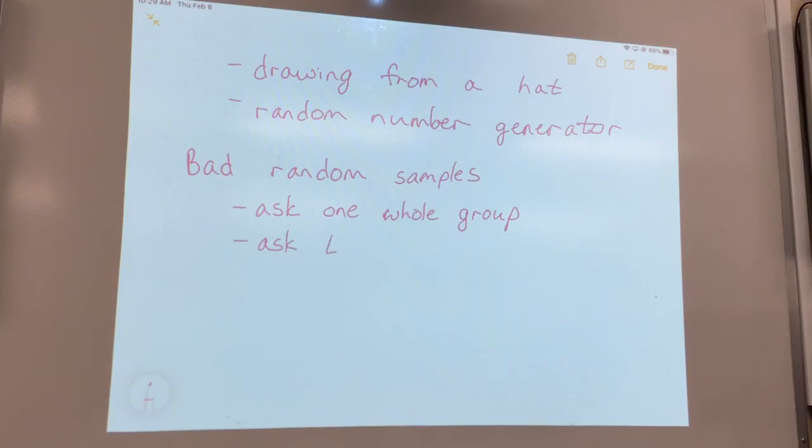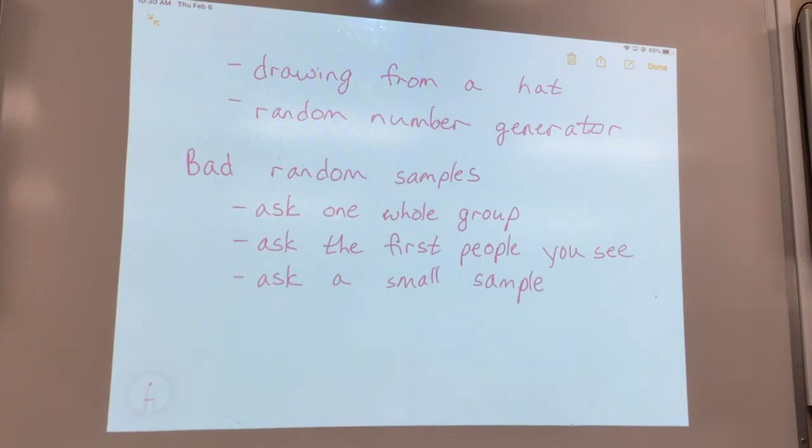Ask the first people you see. That's not usually a representative sample. Eliana? Oh, yeah. Ask a small sample, that's not good. They did specify that one, so asking 3 people out of 500 is not good.